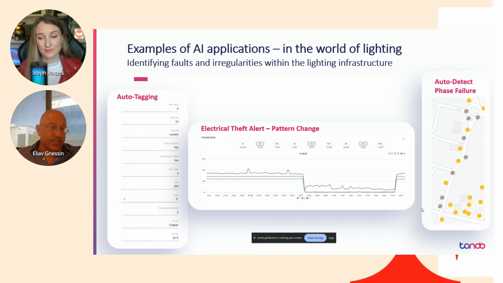One of the things we are doing is auto tagging the controllers. We are learning where it is installed. We are giving the installer an experience of scanning the controller with a mobile app, and practically that's it. The controller learns the driver, the LED, and its location. It auto tags its location, and it provides a very, very simple installation experience. So this is one way we use AI.